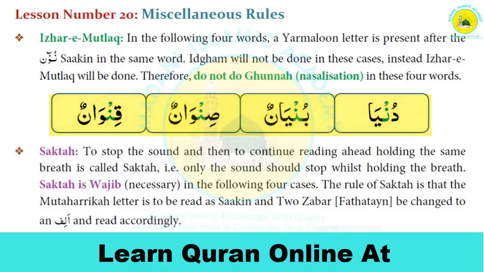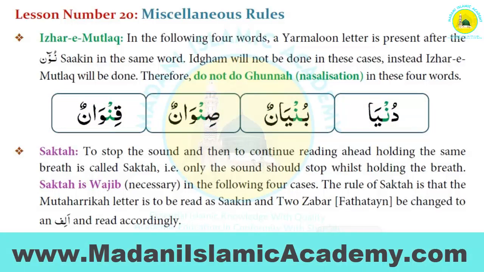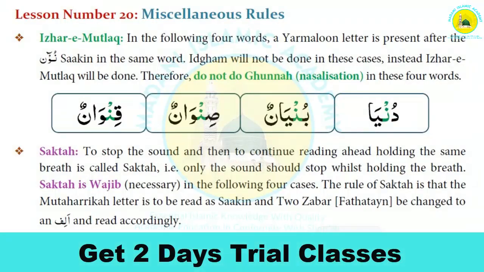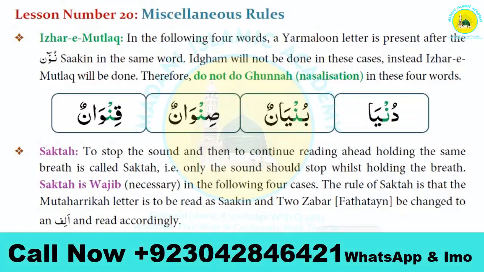But in these cases, the noon sakin and the ya appear in the same word with all of the other letters. If we just go to lesson number 14, I'm just scrolling down to lesson number 14. I'm just going to give you an example of how it was.